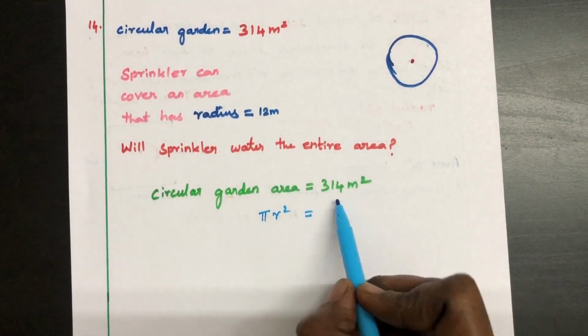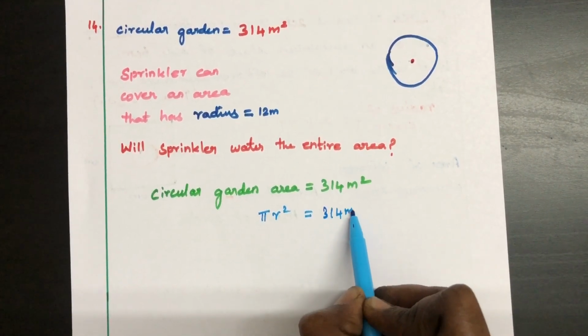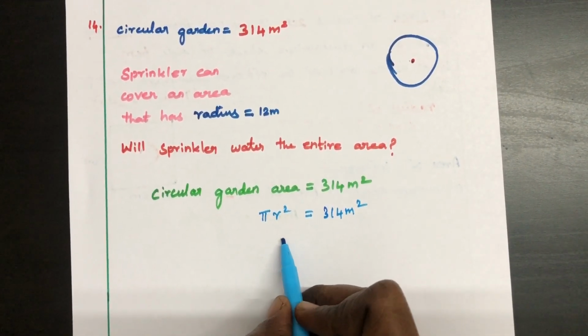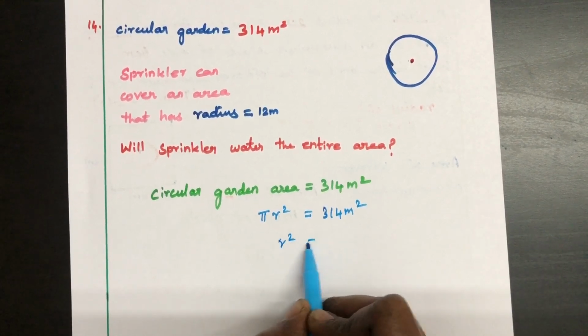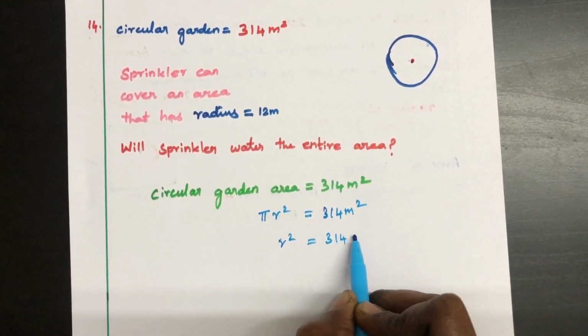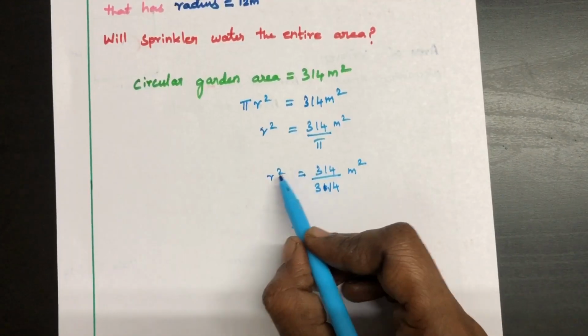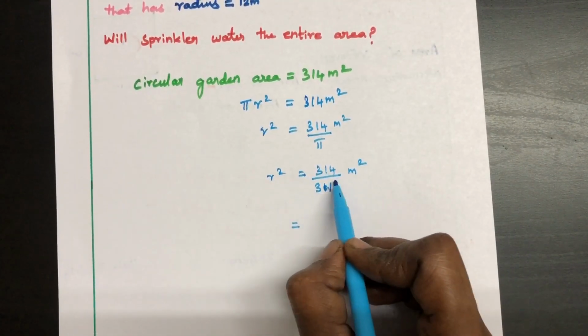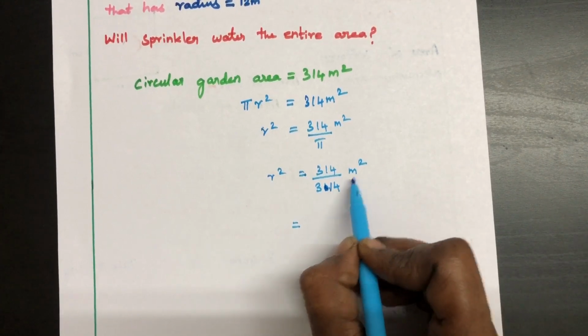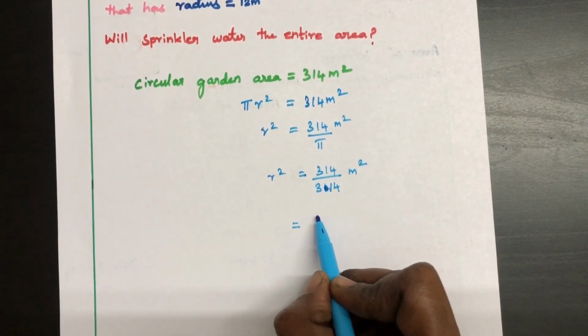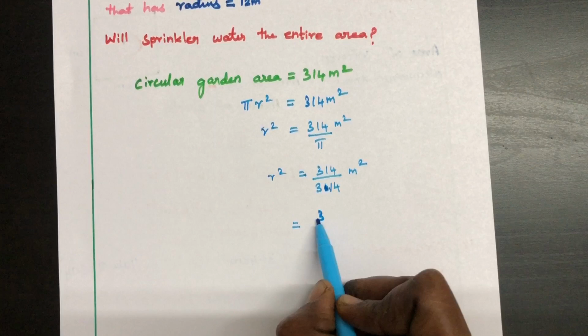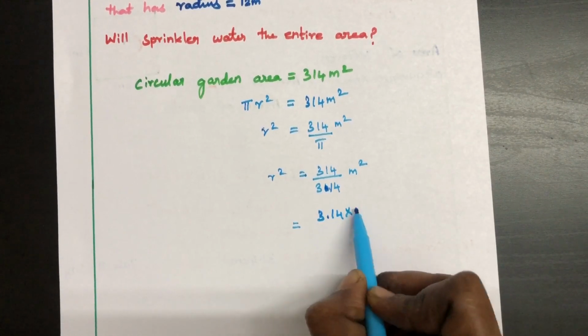Pi r square is equal to 314 meter square. So what is r square? r square is equal to 314 meter square divided by pi. r square is equal to 314 divided by 3.14 meter square. So if we can see here, 3.14 into 100.